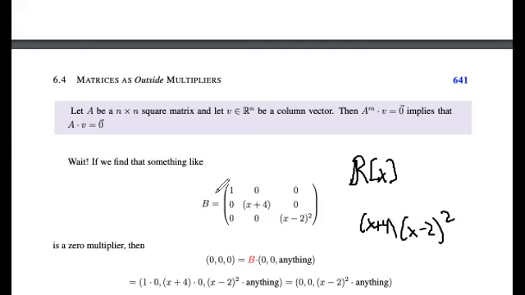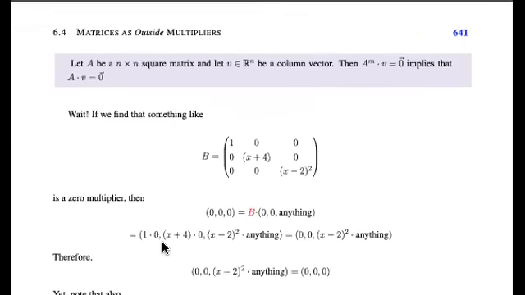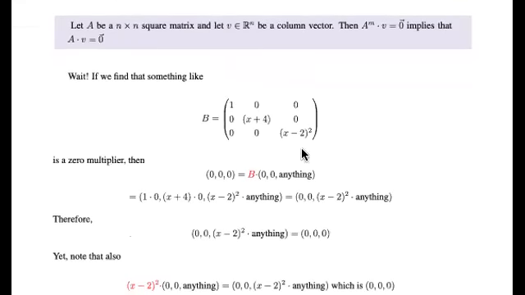Well, what if this matrix is also symmetric? Let's see what would happen then. Let's look through what this really means. This is like a zero multiplier, so as it acts on anything, b times anything here would be 0.